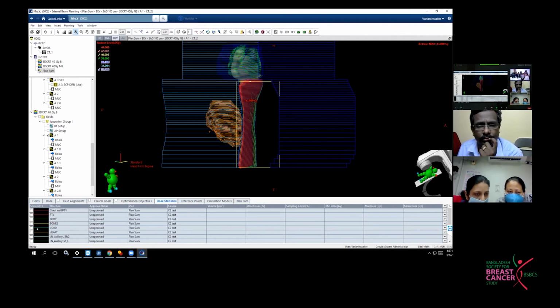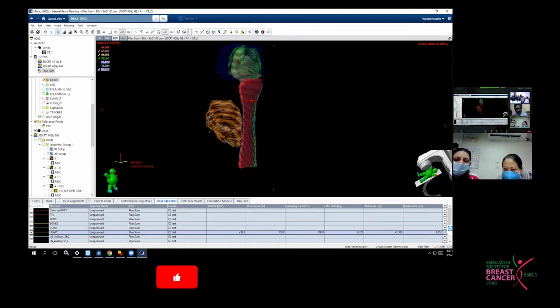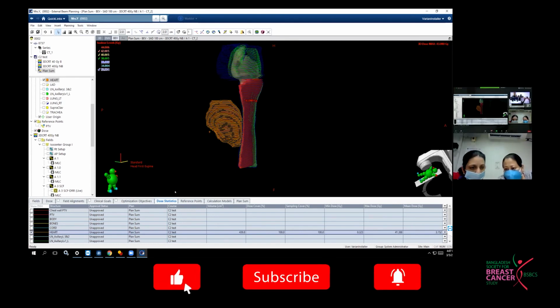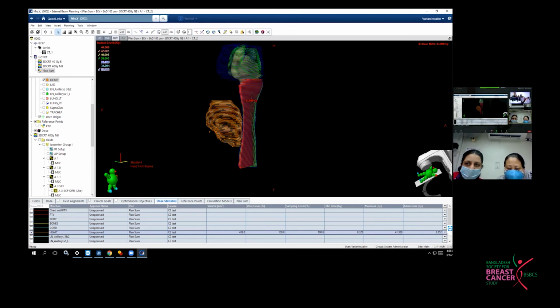So here I would like to see what dose is there. The mean heart dose is around 3 gray. That is, I would say, just acceptable, considering the unfavorable anatomy, a long cardiac distance; the contact of the cardiac silhouette is long in this case.